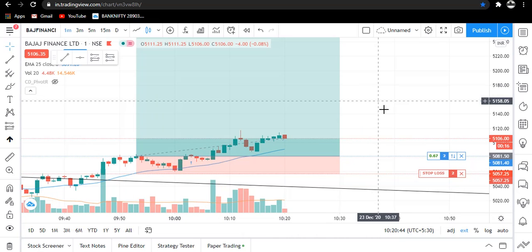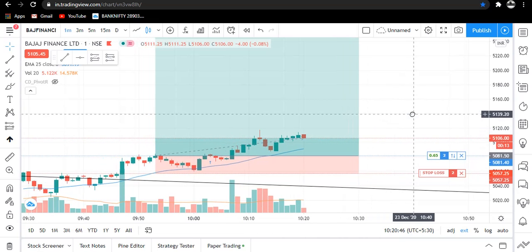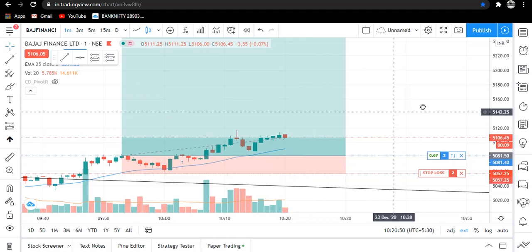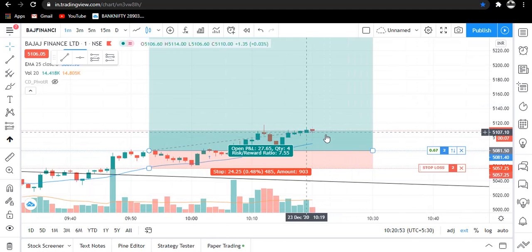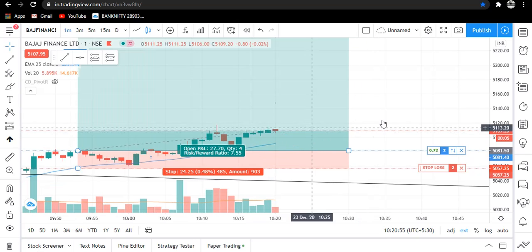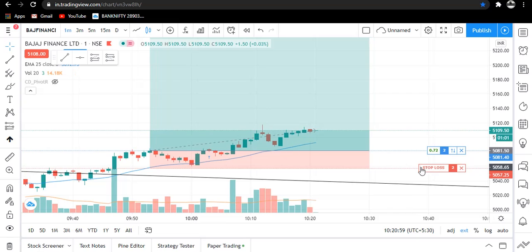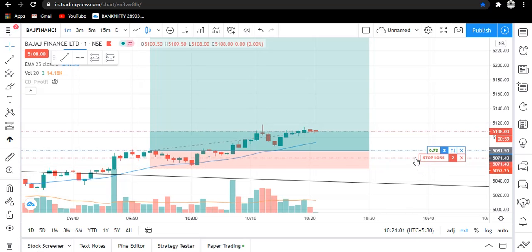Traders, here you can see that the price is getting some resistance near this price. So I am thinking that I should trail my stop loss to cost price so that we don't get any kind of loss.